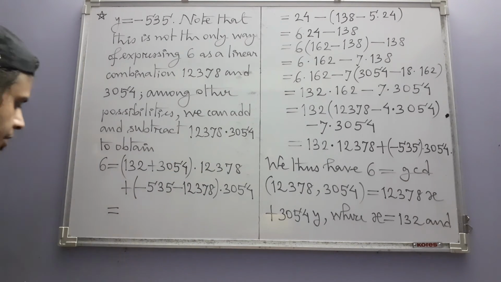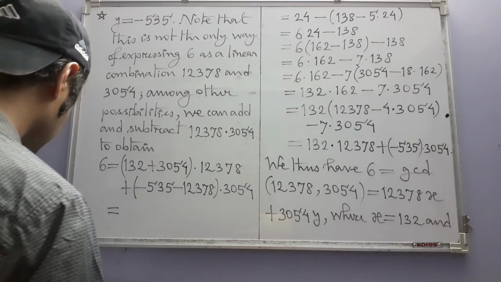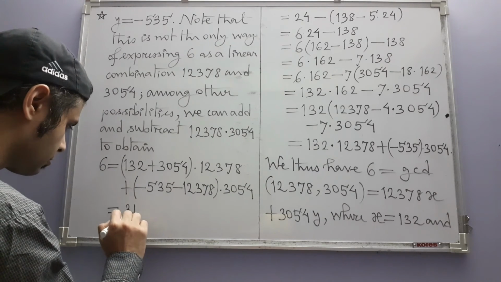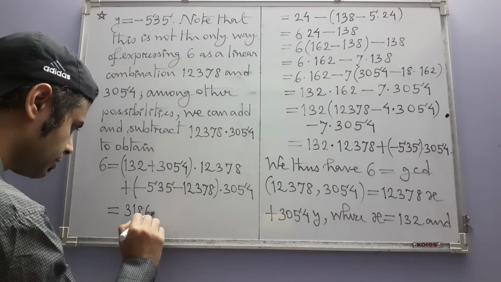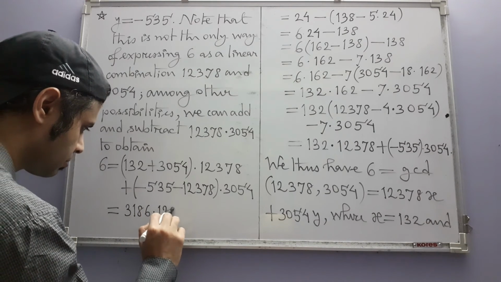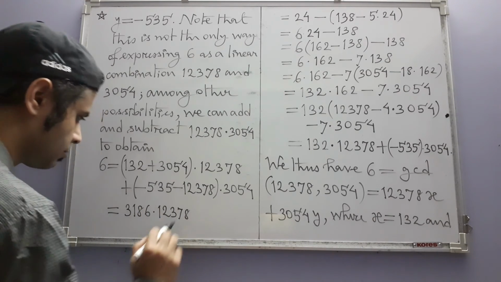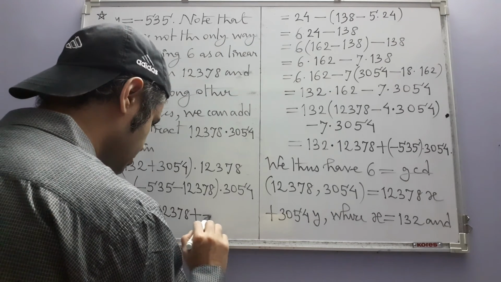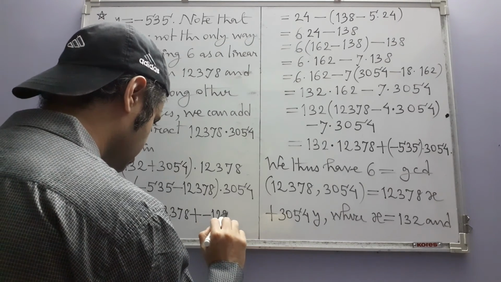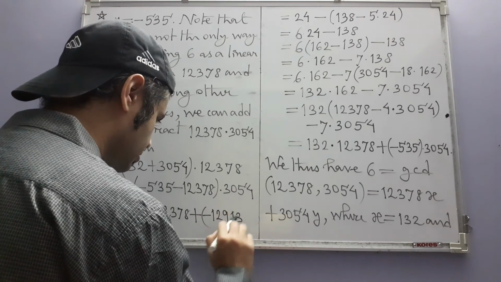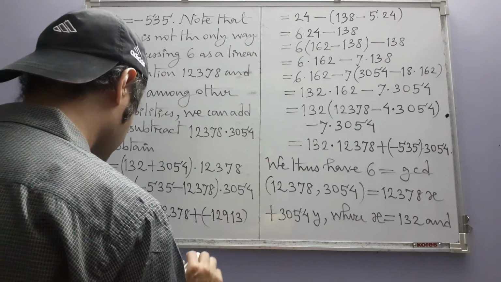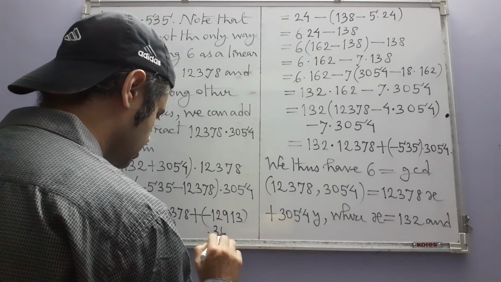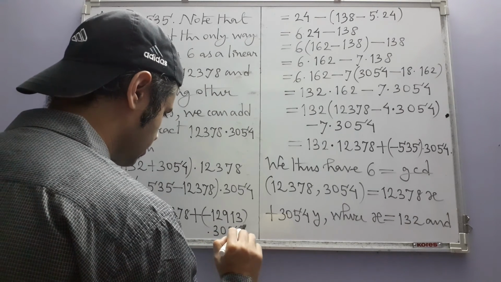So here you get another linear combination, which is 3168 and minus 12,913 times 3054.